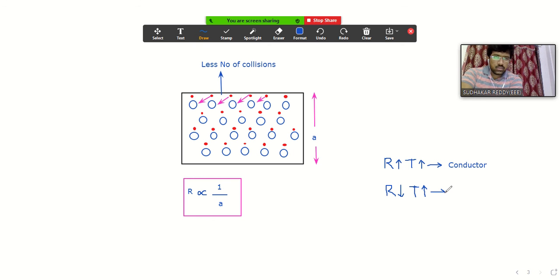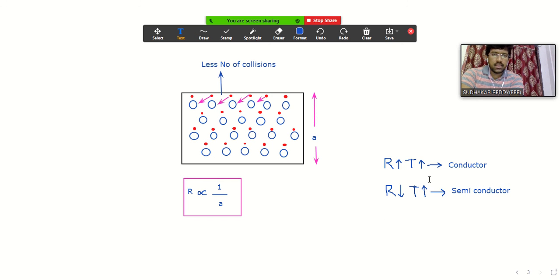That ionization energy can be provided in terms of temperature also. In a semiconductor, if you provide temperature, the number of free electrons released by the atom increases, so the conductivity increases or the resistance decreases. It is a very, very important observation. So in a semiconductor, if the temperature increases, the resistance value decreases.